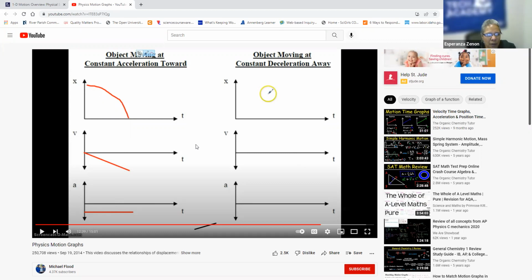So the motion got progressively a little more complicated. For this last set of graphs with constant acceleration moving toward, remember, toward means you're coming back toward your starting point in terms of your position.